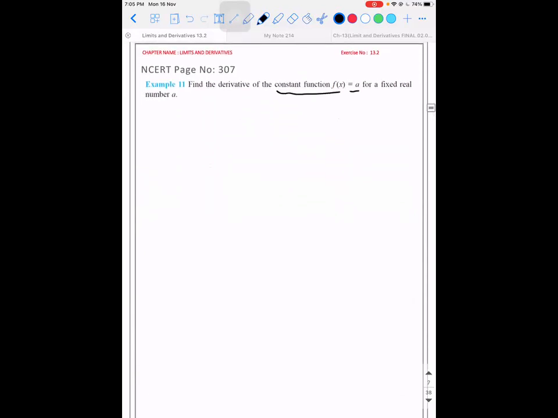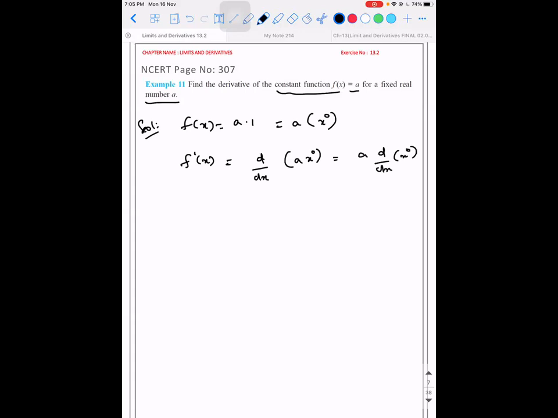Find the derivative of a constant function f of x is equal to a, for a real number a. The real number a is fixed. So solution, f of x is equal to a. You can write this a as a into 1, and 1 can be written as x power 0. So what is f dash of x? d by dx of a into x power 0, that is a into d by dx of x power 0.